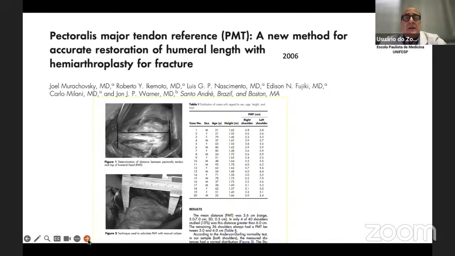They used 40 shoulders of cadavers and measured the distance from the top of the pec major to the top of the prosthesis, and they defined it as 5 centimeters. So this is an important landmark when they are going to do a hemiarthroplasty, but we don't know how it works when we are doing a reverse because the design of the prostheses is totally different.